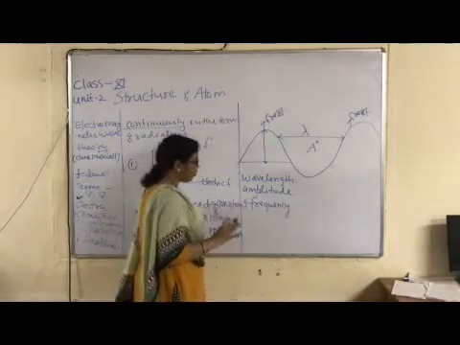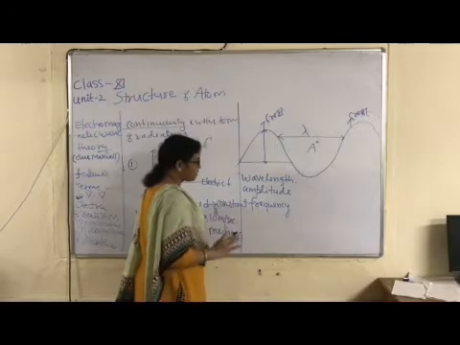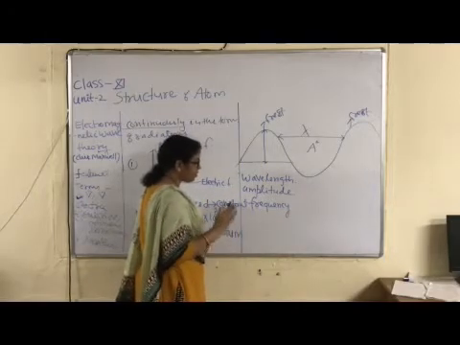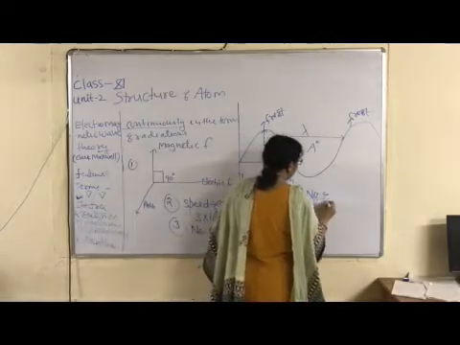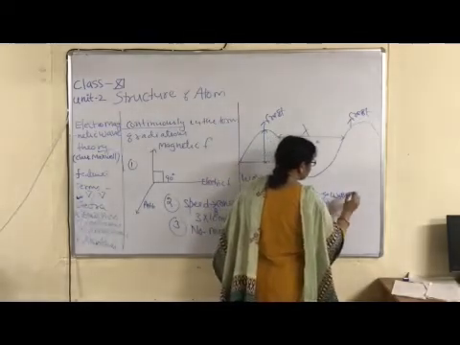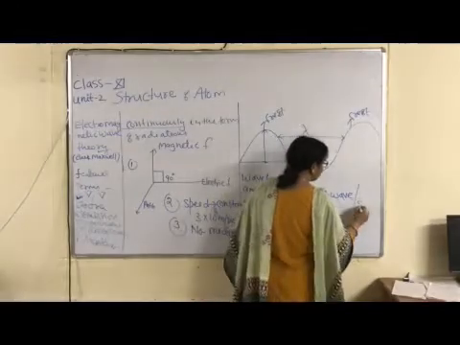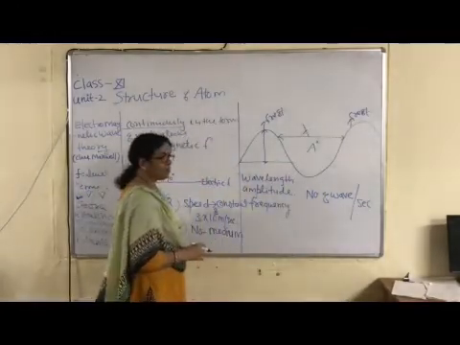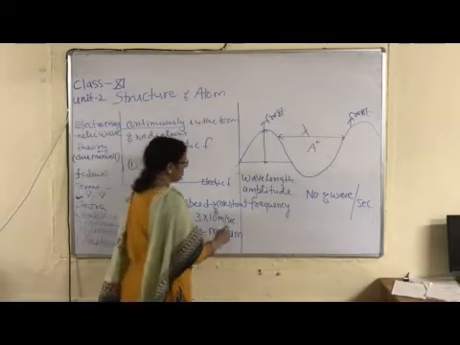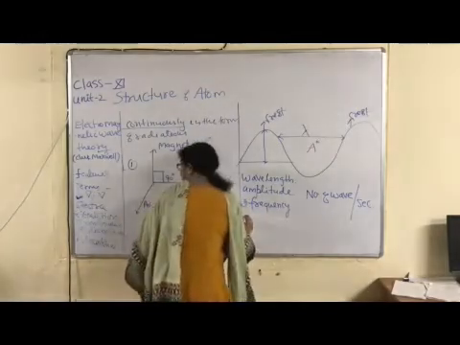Frequency means the number of waves passing through a particular point in 1 second, and its unit is per second. Right? Next is wave number.